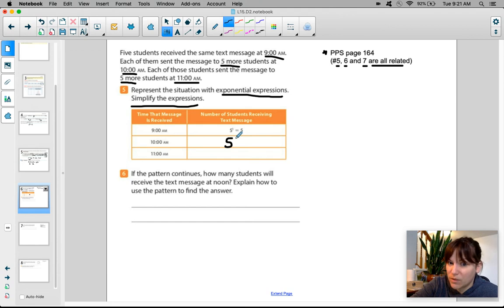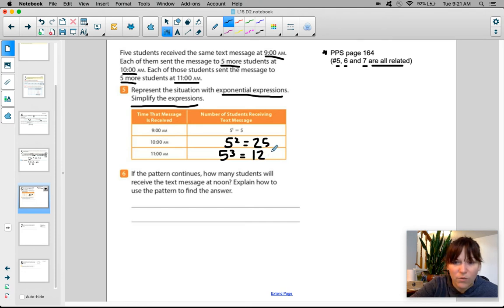So that's 5 times 5, which is 5 squared. And so we have 5 squared equaling 25 for our second row. And then at 11 o'clock, the same thing happened. So now we have to increase it to the 3rd power. And then that would be 5 times 5 times 5, which is 125.